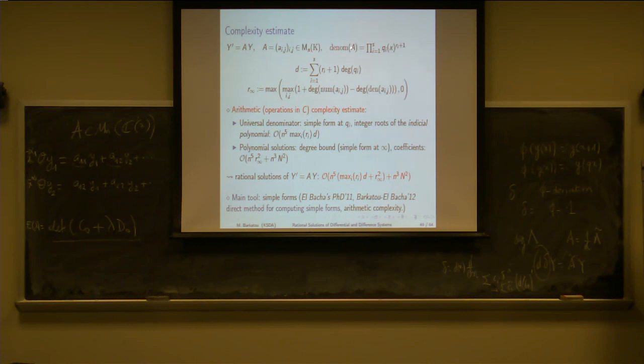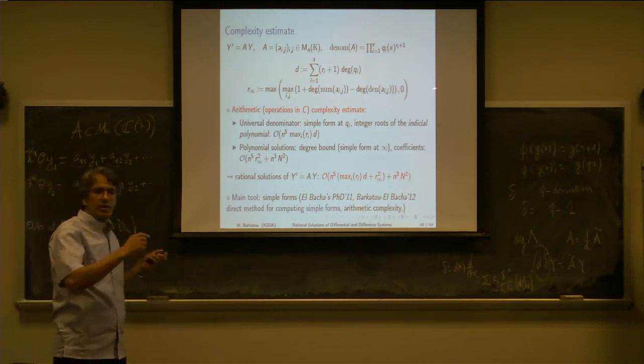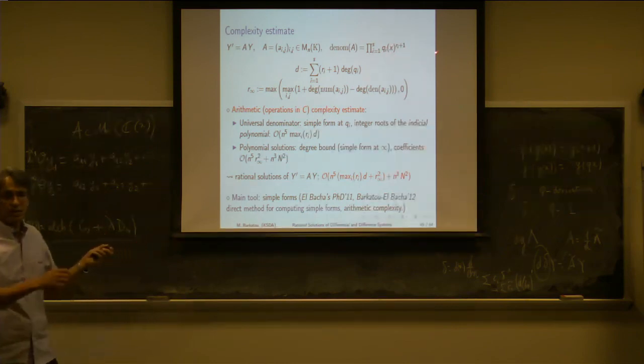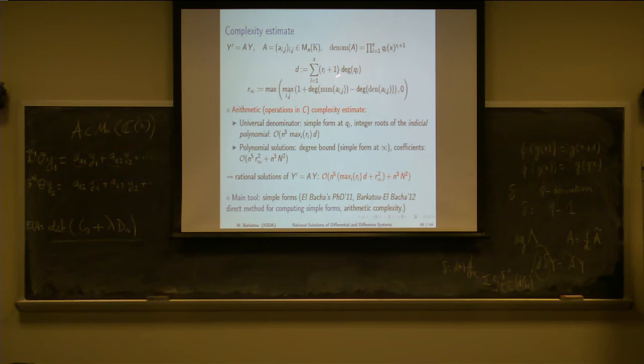I denote by the norm of A the denominators of matrix A, and its irreducible factors Qi, to R sub I. And this R sub I is called the Poincaré rank, or the order of the singularity of each individual singularity, of these roots of this polynomial. So you have this immediately. Let D be this quantity, and R infinity is the analogous quantity at infinity. This is the rank of the singularity at infinity. This is why I use the same notations.